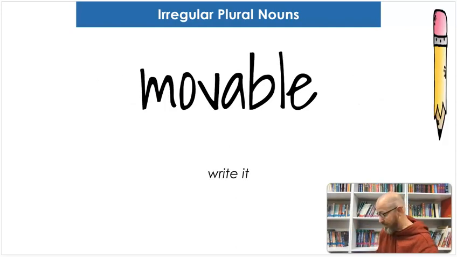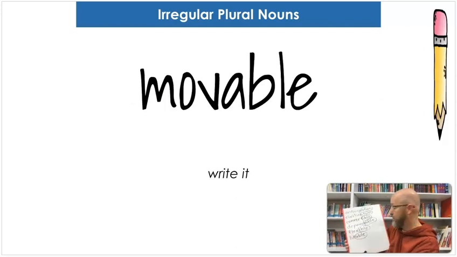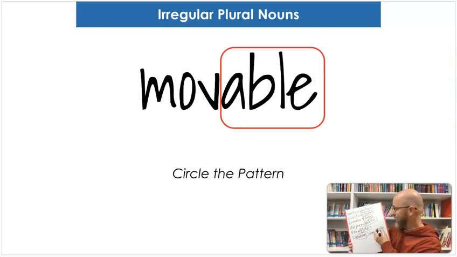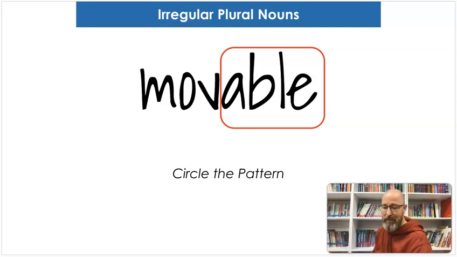And let's write it. If something is movable, it's able to be moved. I think I can fit that word here. M-O-V-A-B-L-E. And what's our Latin suffix? A-B-L-E. That's right. It's able to be moved. I can pick it up like a desk or a chair.